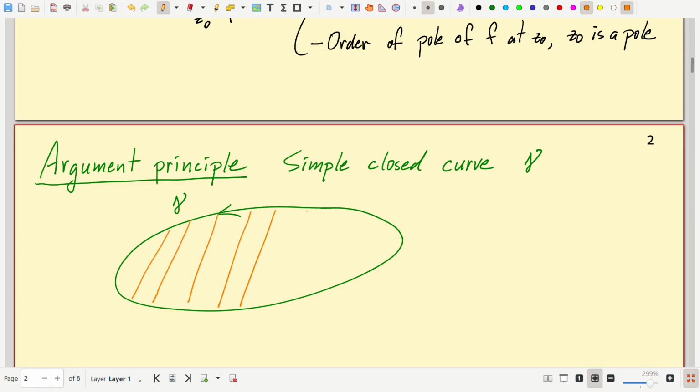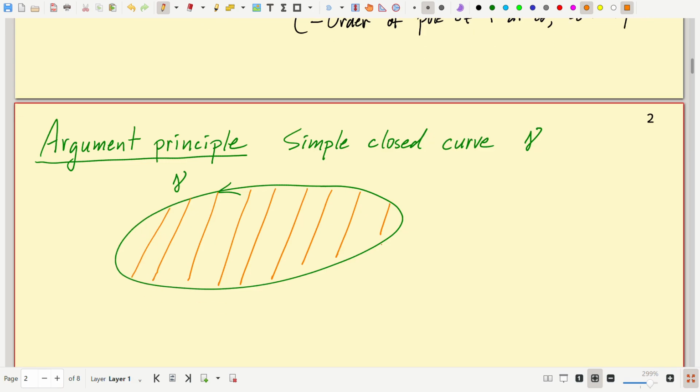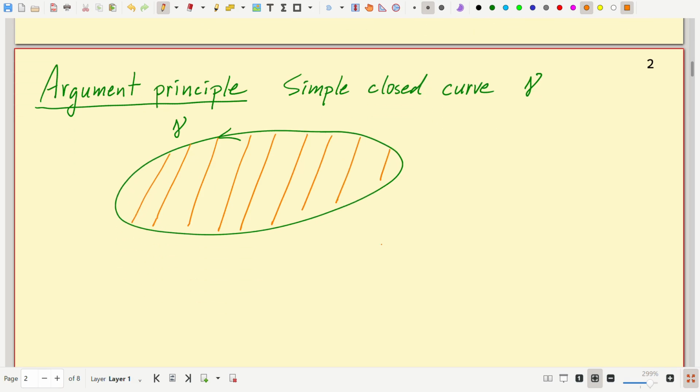So there's an inside of gamma here. And let's do the case where there are no poles. So this case first: the case, zeros only.